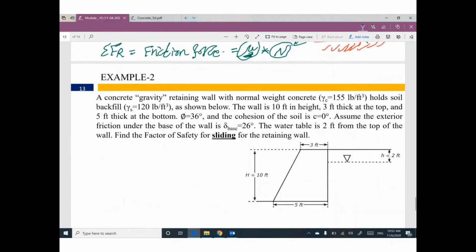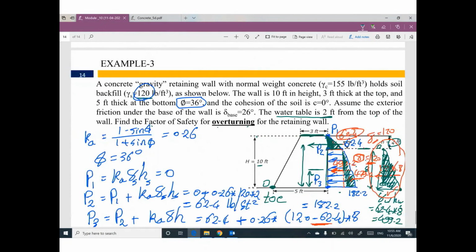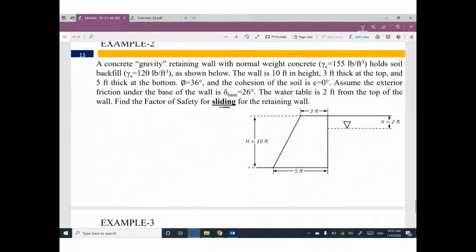Let's see. We need the same example. We need to check it against the sliding. Okay, the same steps. We have pressure from the soil that gives a force of 1996.8. We have soil pressure giving a force here, and another force here, and another force here.